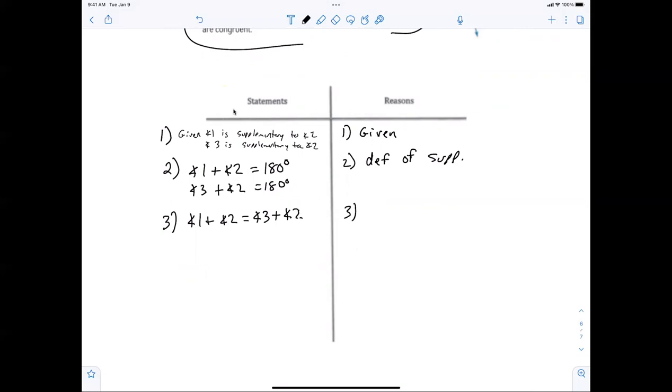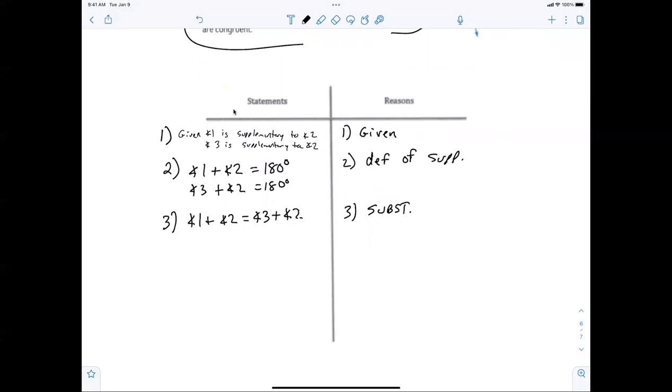Yeah, all we did was substitute, right? Now, again, I understand if you don't see the substitution, so you just have to tell me and I'll highlight things for you. Angle 1 and angle 2 add up to 180. Angle 3 and angle 2 add up to 180. So they're equal to each other.